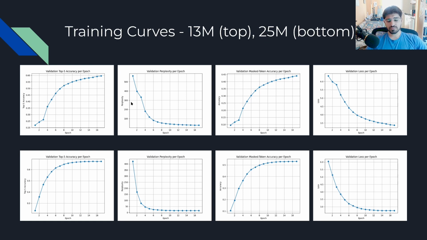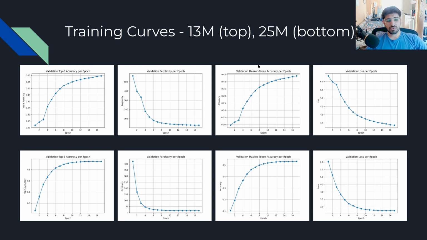Perplexity can be easily thought of as how sure the model is about its answer. We can see that both models hover around 10 to 15%.